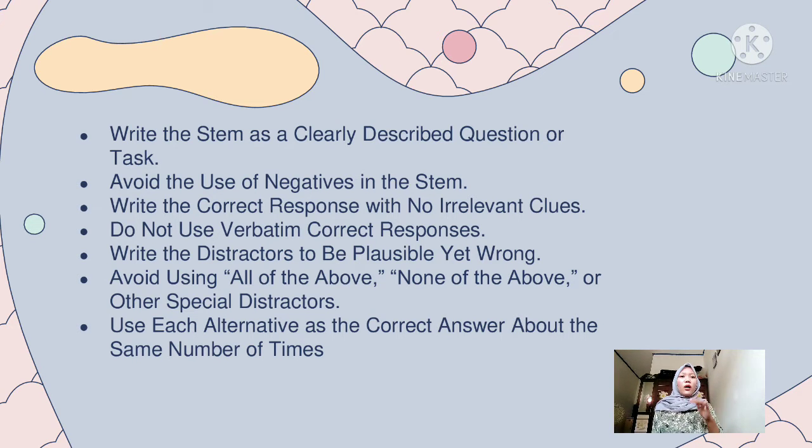All of the above is the right answer if all the options are correct, and some students may select the first item that is correct without reading the others. Only when students need to know what not to do would none of the above be appropriate.